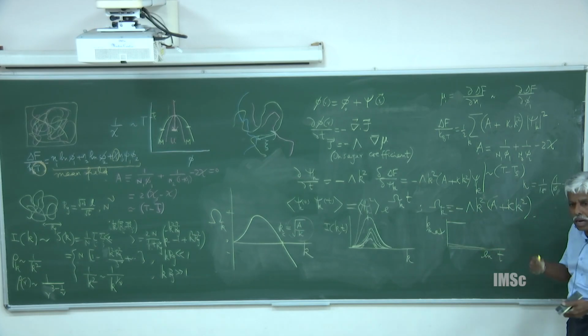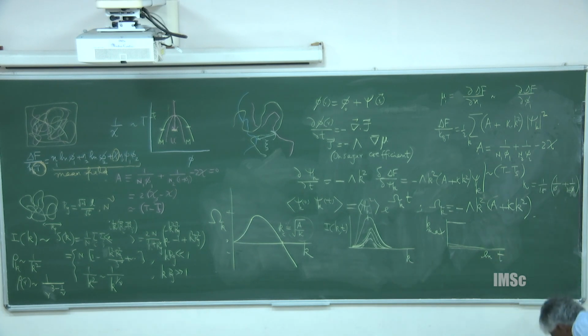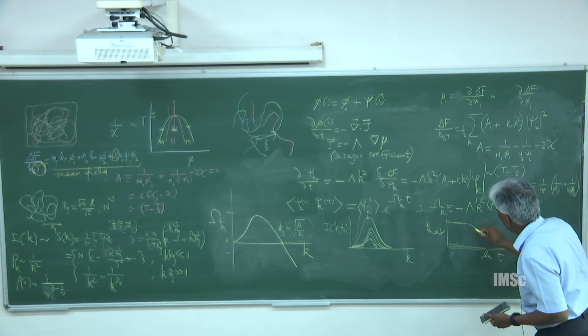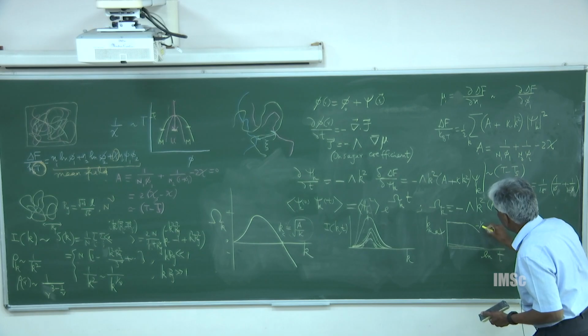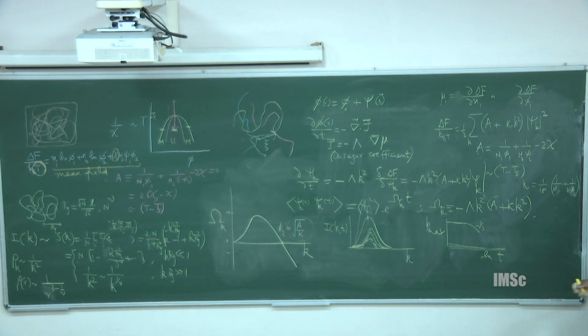This is called an early stage of spinodal decomposition. This is a very early stage of spinodal decomposition. K max is independent of time. Then k max moves towards the left, and in fact, one could identify this moving with a slope of negative 1/3. That is, the domains are growing with time like a t to the 1/3 power law.